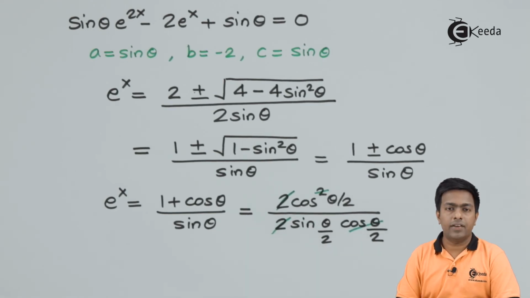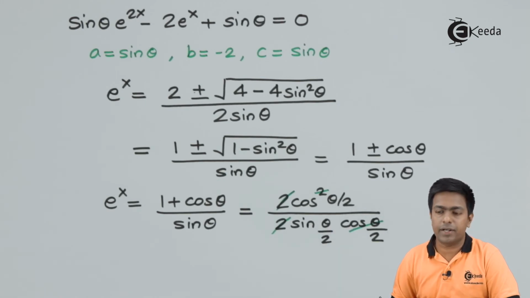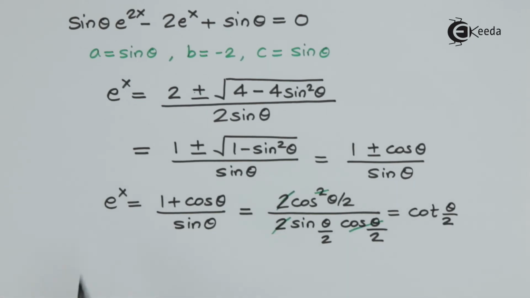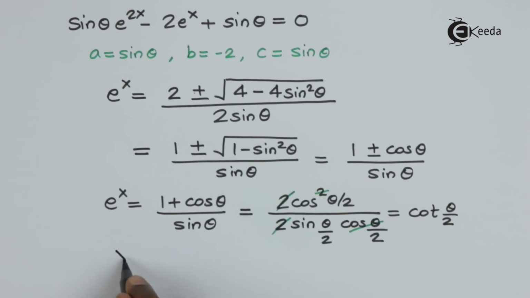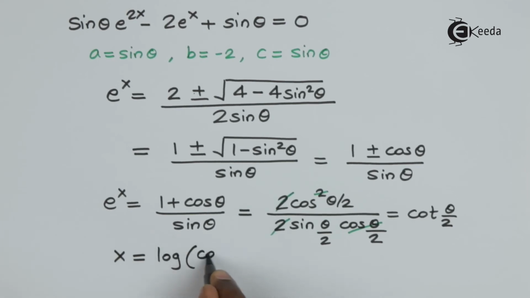By doing that, here we got cos theta by 2 upon sin theta by 2, which is cot theta by 2. Now guys, if we take log on both sides, here we'll just get x, and on the right hand side we'll get log of cot of theta by 2.